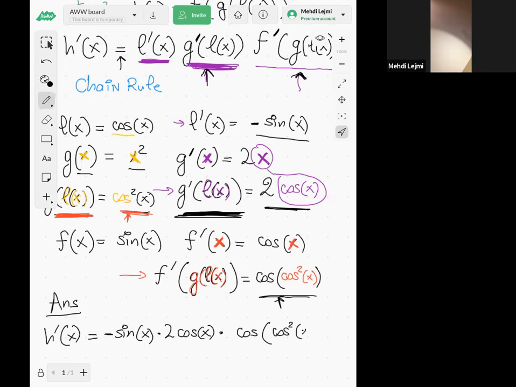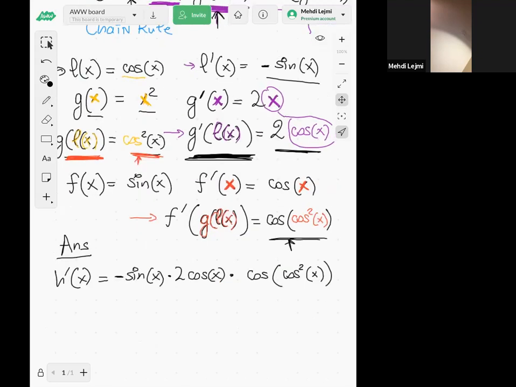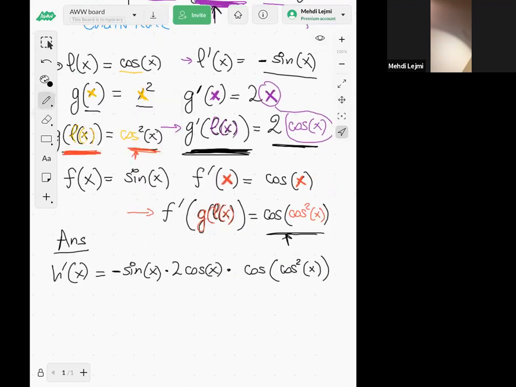Okay, so it's minus sine of x times 2 cosine x times cosine of cosine square of x. It's not cosine times cosine square of x, it's cosine of cosine square of x, right? Another way to write the answer would be to move the 2 to the front.